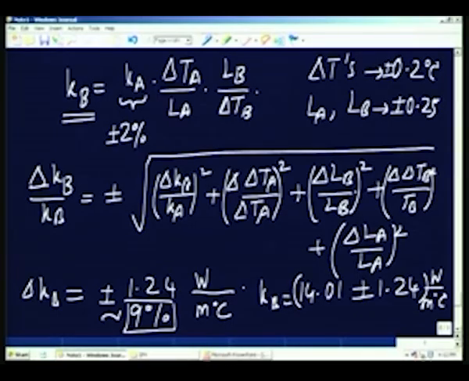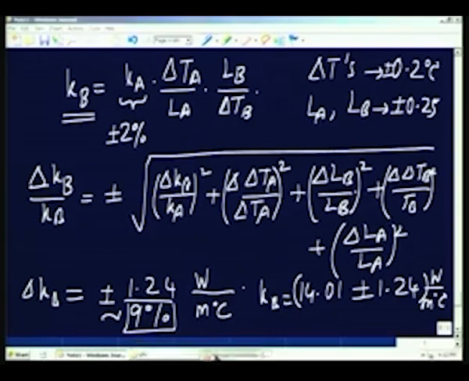If we can measure the temperature differences much better than plus or minus 0.2, and the locations of the thermocouples are more precisely known, we improve the precision of the measurement of the thermal conductivity of material B. By suitable improvements, if we can bring it down to about plus or minus 5%, that will be acceptable for most engineering applications.